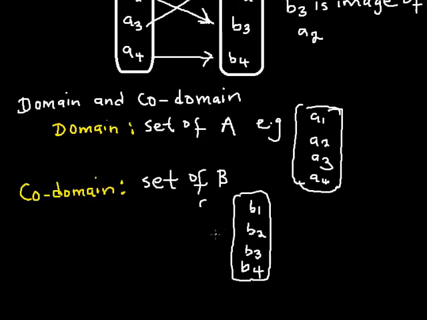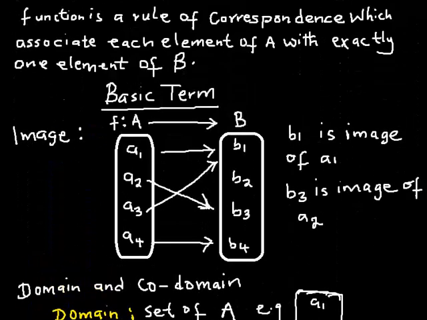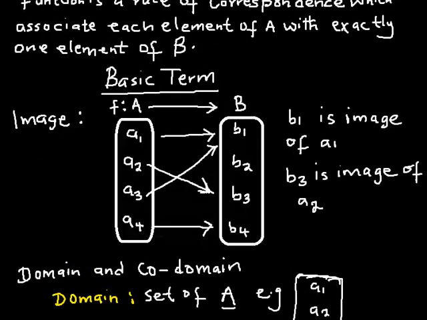I hope that is well understood. So the set of A is my domain and the set of B is my codomain. Let's proceed.